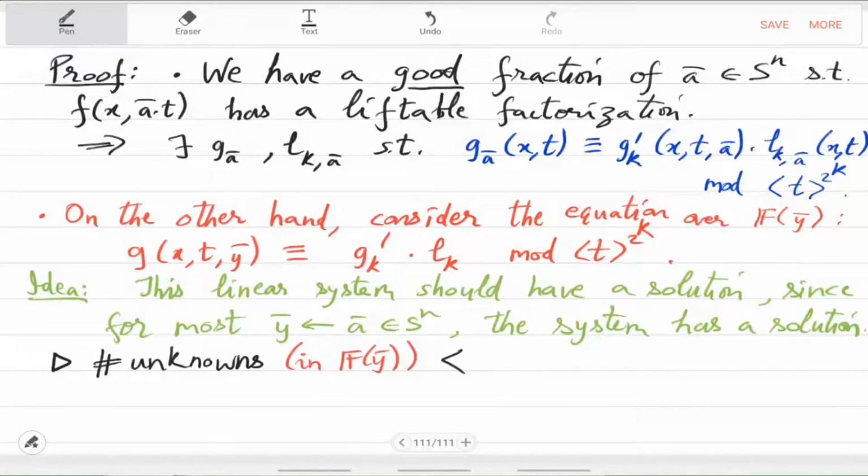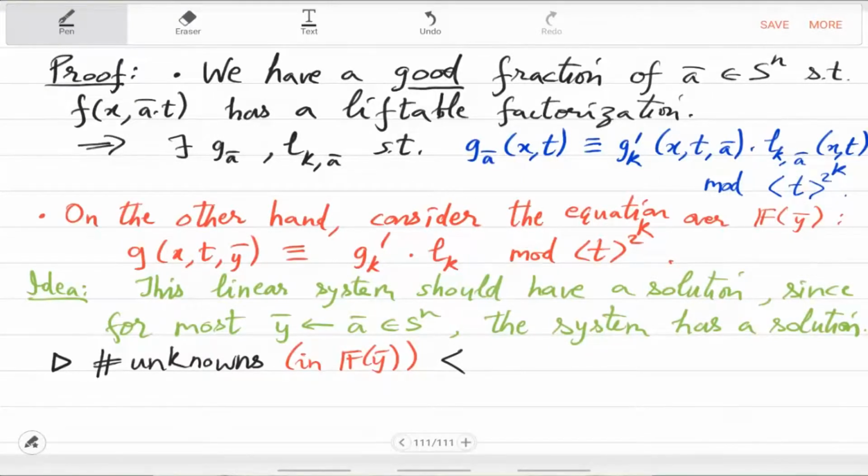That number is easy to compute. So, degree of x is what? At most d, and degree of t in this equation is also at most d. That is because of what you know about g k prime and the type of G and L that you are looking for.